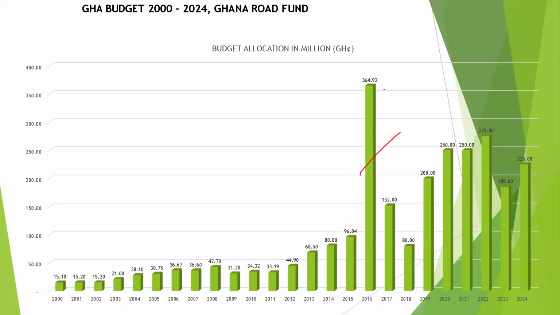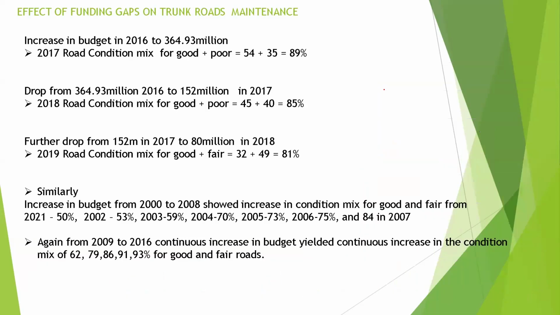So let's look at the performance of our trunk road vis-a-vis the releases of funds or budget from the road fund. You can see that increase in budget in 2016 to 364.93 million.